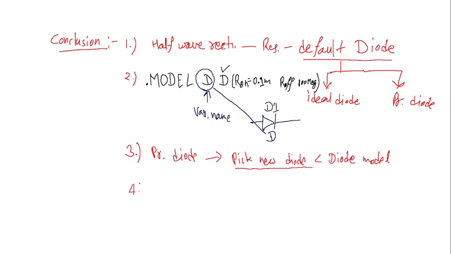My fourth point, we have checked the IV characteristic of the diode, what diode we have made here, and in this IV characteristic you have to use .DC.